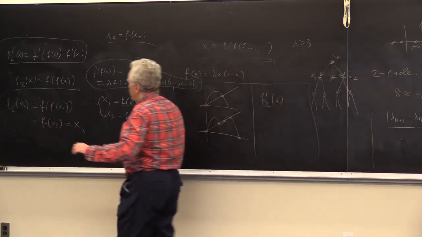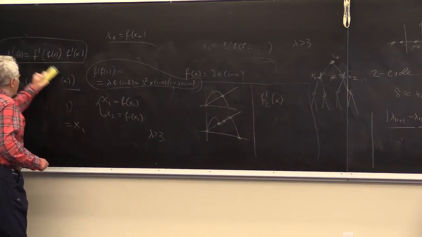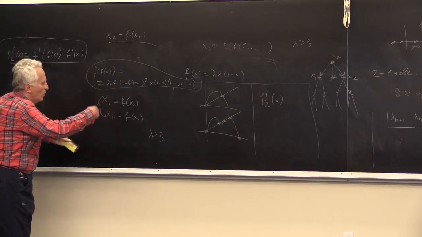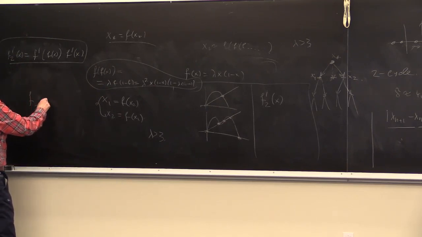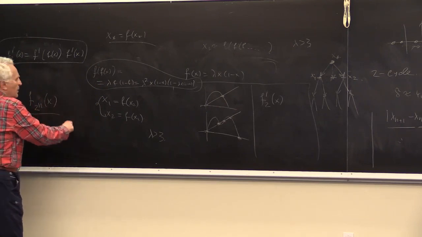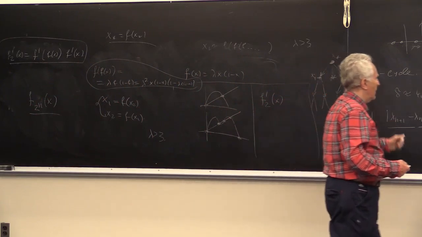And in this way, we actually go to more and more complicated things. We introduce the function f to the n of x, which has a huge number of fixed points. So we have 2 to the n cycle.